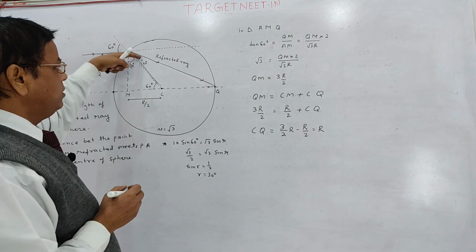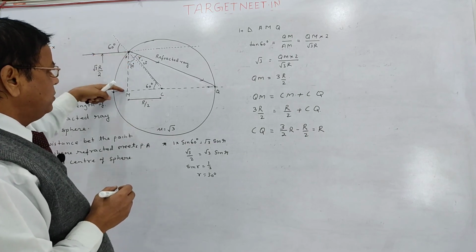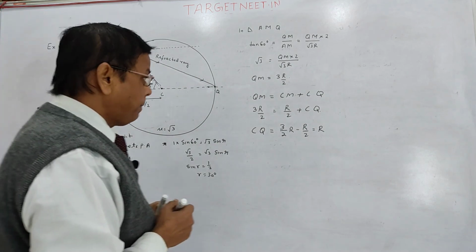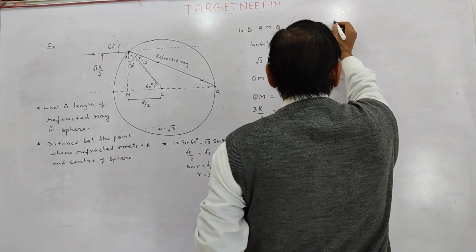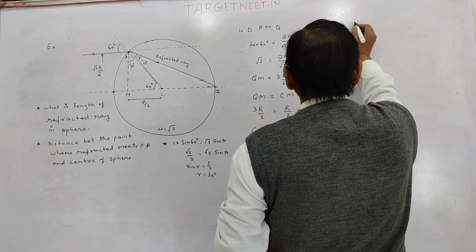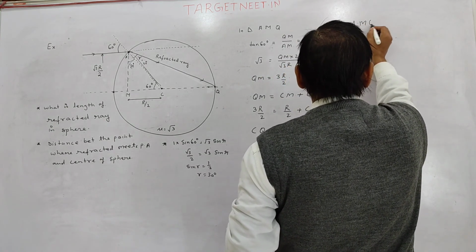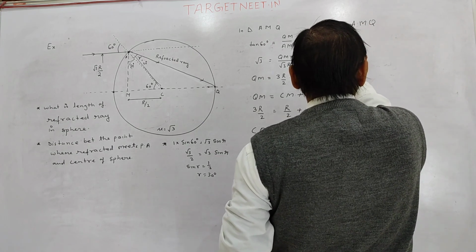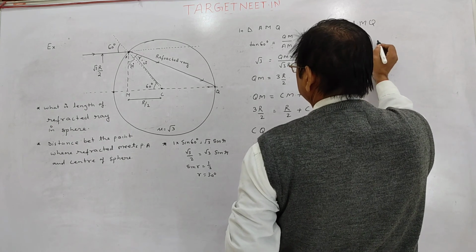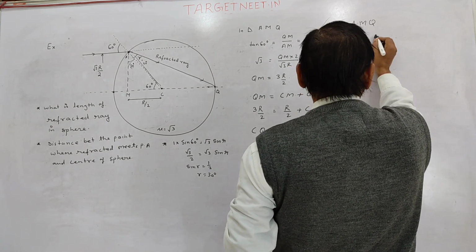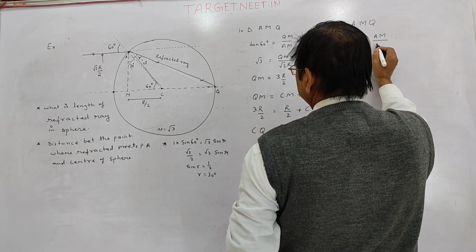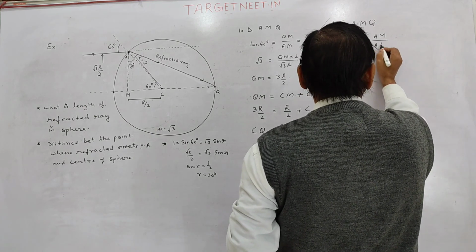This is the base, this is the hypotenuse. So in triangle AMQ, cos 60 is equal to the base AM upon the hypotenuse AQ.